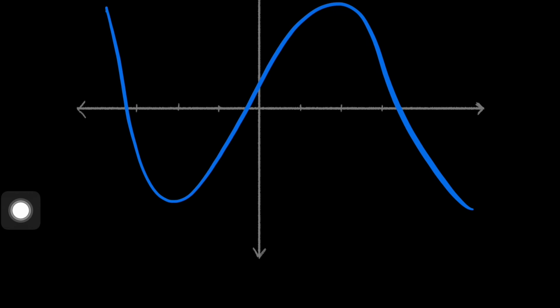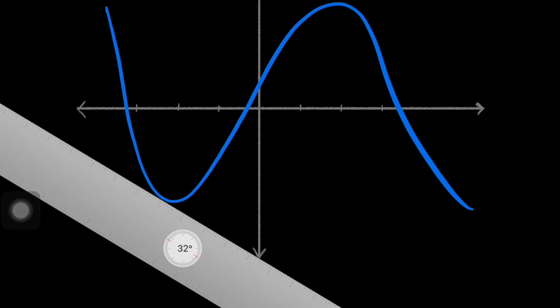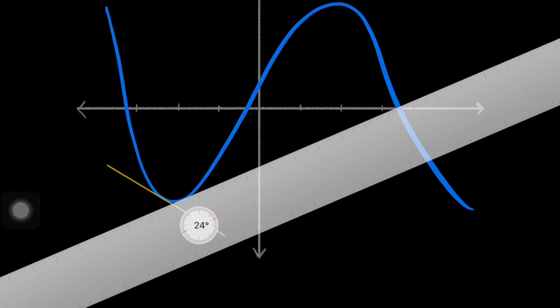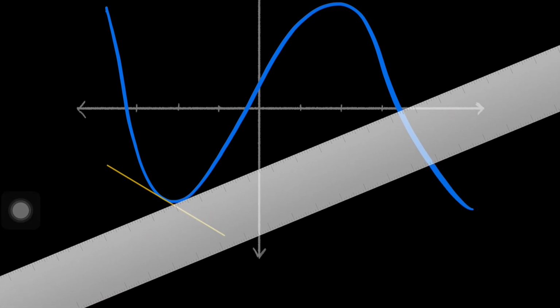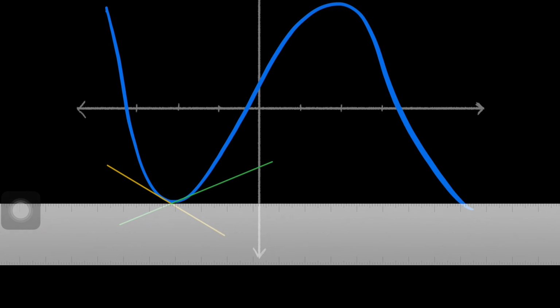If I'm going to draw the tangent line, say for example at this point, this is the tangent line at this point, and the tangent line at that point can be drawn by a horizontal line.